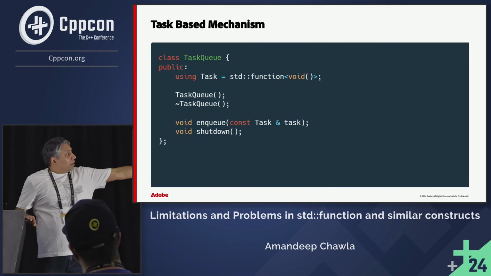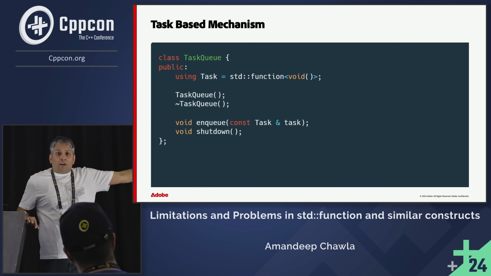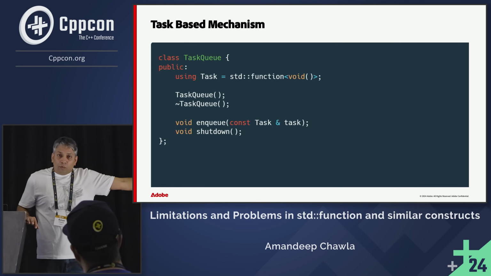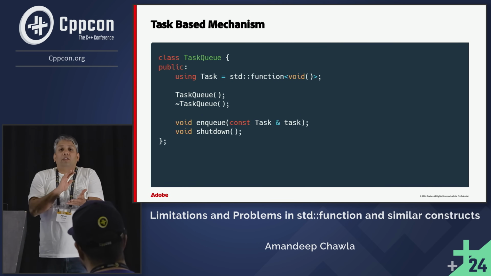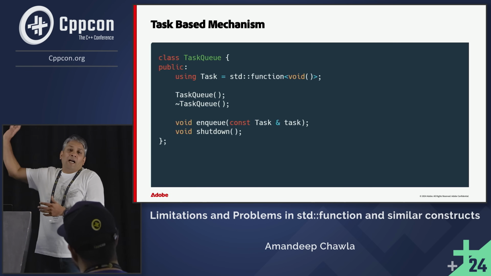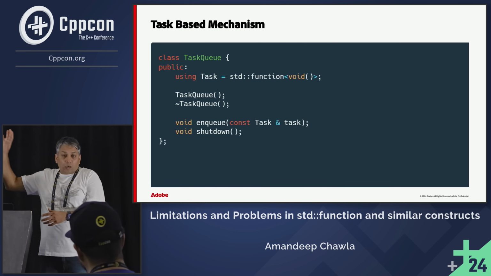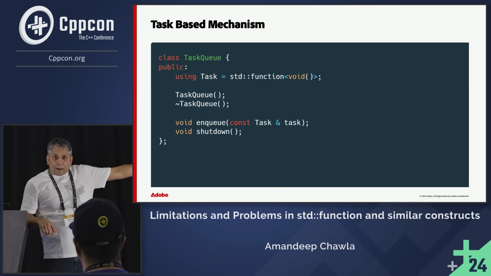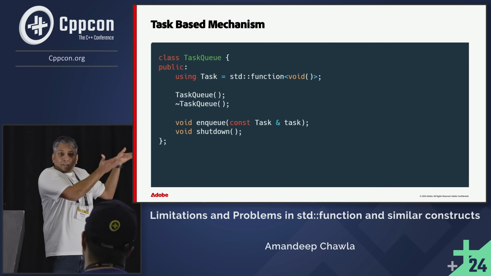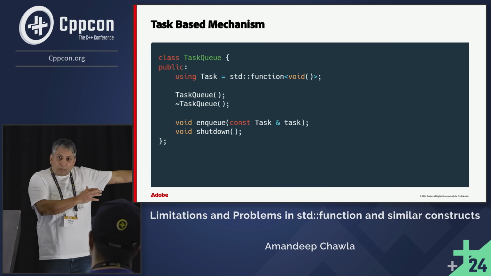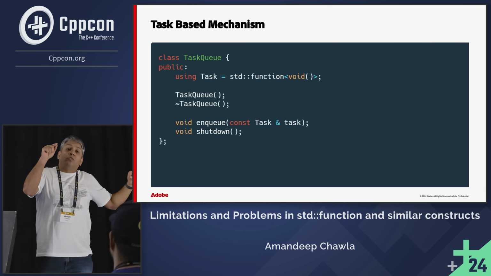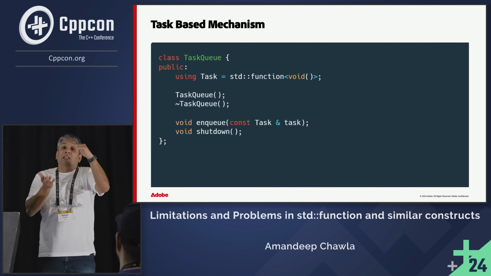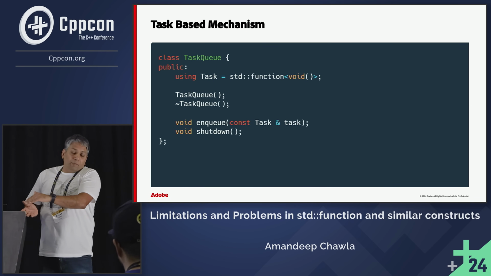But rather than taking by const reference, if it had taken by value, and if someone passes this as it is, there will be no copy involved, even though we will end up having a lot of moves. And on top of that, we also have enqueue functions which are templated, and there is only one private function which takes a standard function. That also solves a lot of problems where unnecessary moves on the lambda will be minimized.